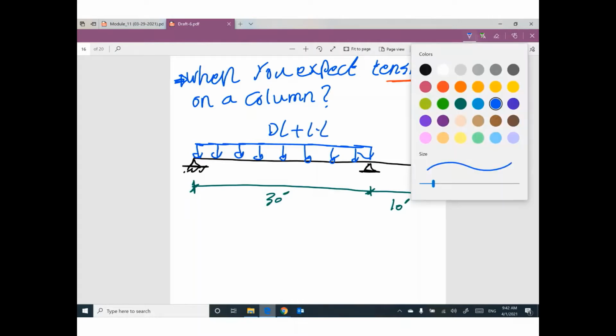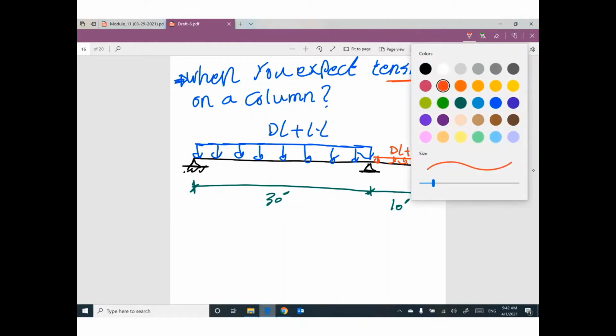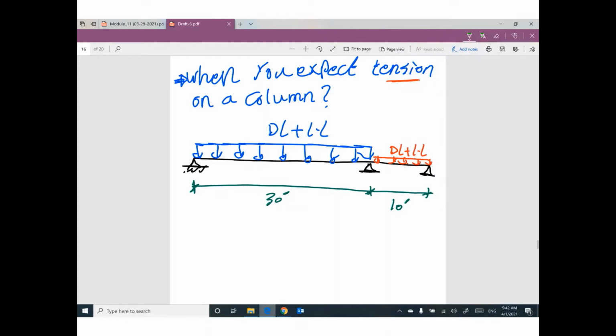However, the smallest span beside stairs, or beside the sky opening or the elevator, causes a very small value of live load. So based on the structural analysis, I believe the deformed shape of this beam looks like this.